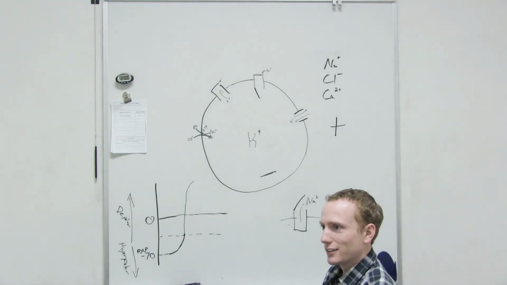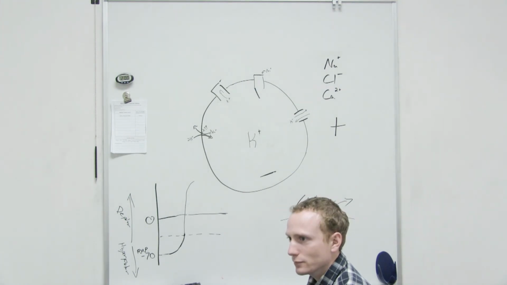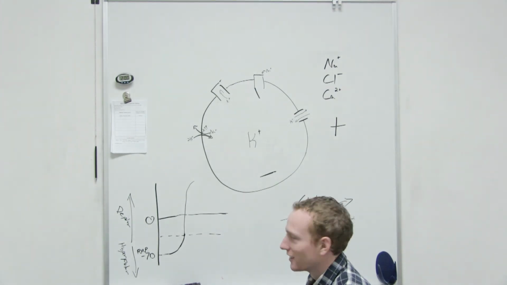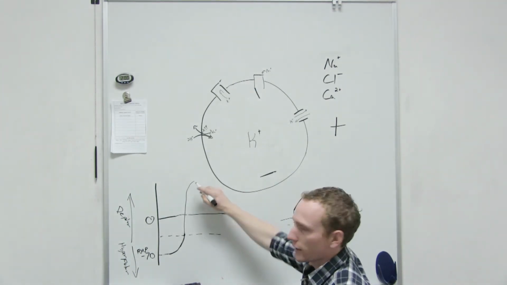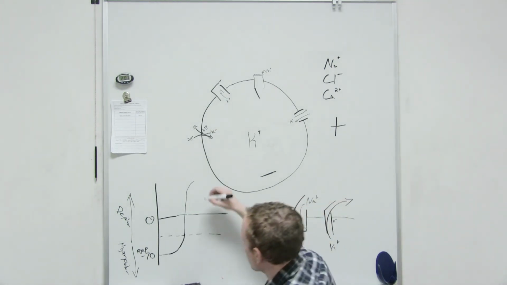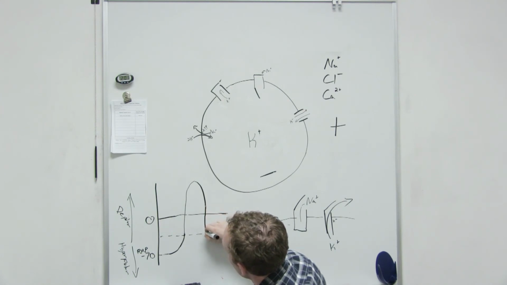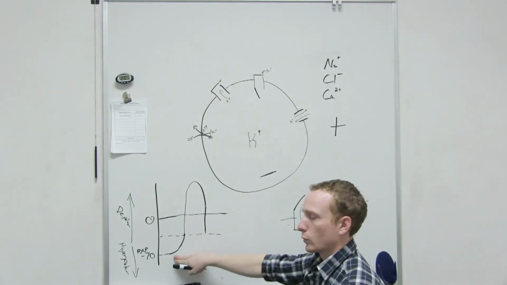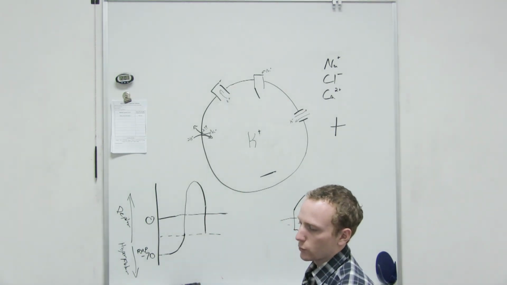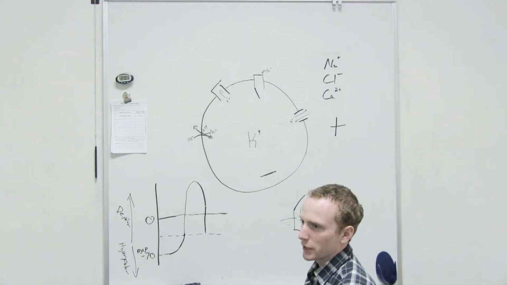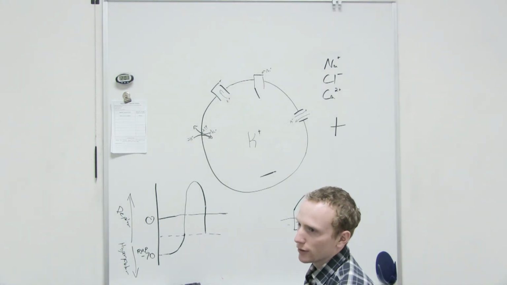Perfect. Okay. Look at it, because I always think of the positive. So what's going to happen to this guy? It's going to go down. It's going to hyperpolarize. Yeah. So usually when we're talking about getting it back to where it started, we just say it repolarizes, but sometimes you'll hear people say hyperpolarizes.